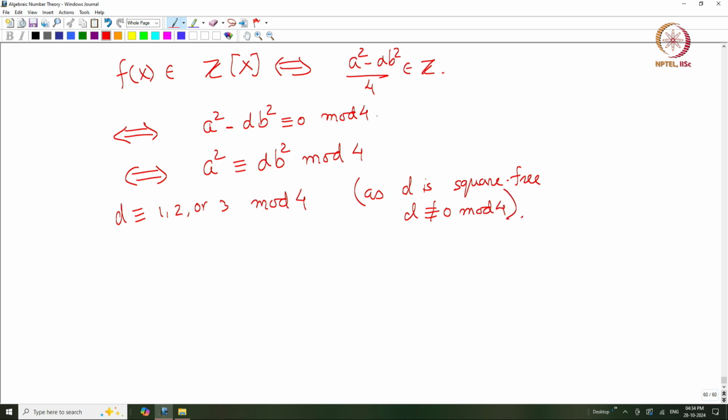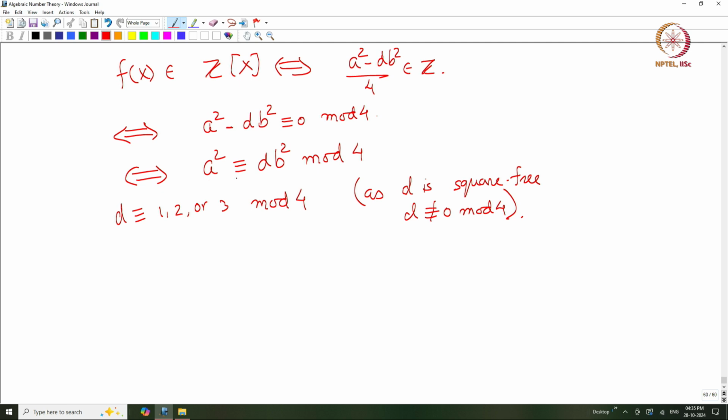Now, I can also assume that b is not 0 mod 4, because if b is 0 mod 4, then a has to be even as well.